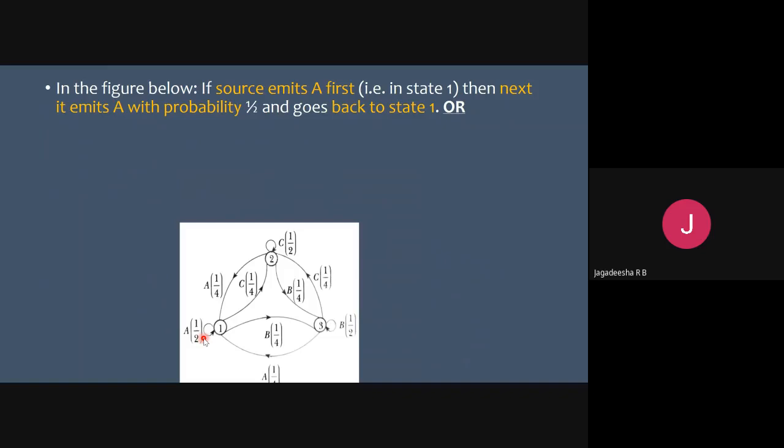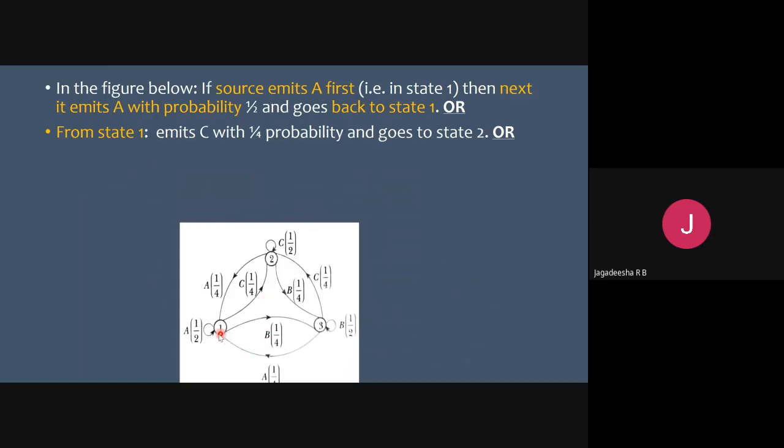So states are nothing but different stages when it emits the messages. If it does so, then it will come back to state 1. Or from state 1, it emits C with probability 1 by 4 and goes to state 2. This is what I mentioned in the previous slide.